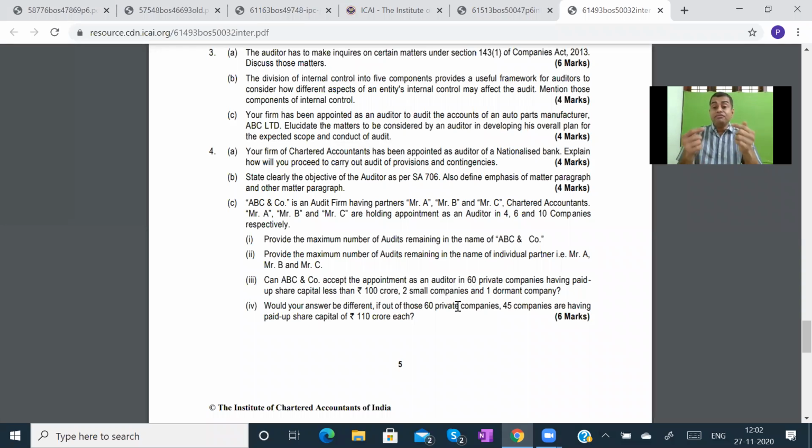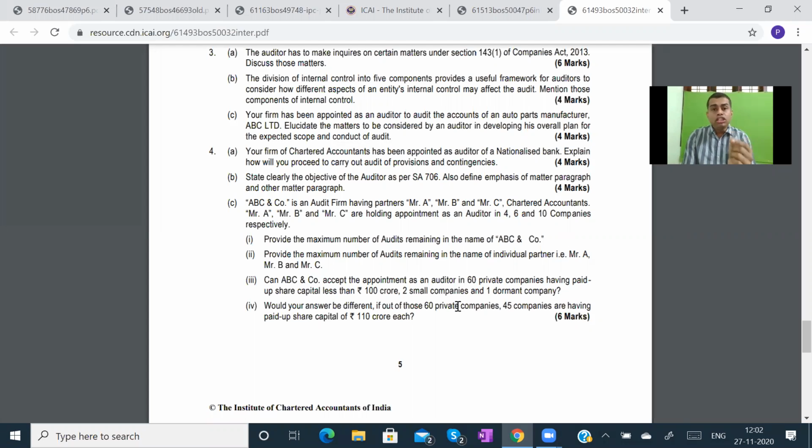Second point, what is emphasis of matter paragraph? An item which is accounted for or disclosed in financial statements, already a part of financial statements, which is fundamental for the understanding of the financial statements by the readers.